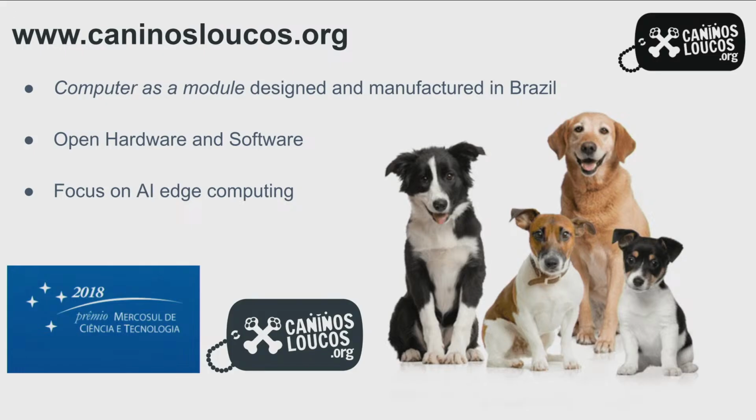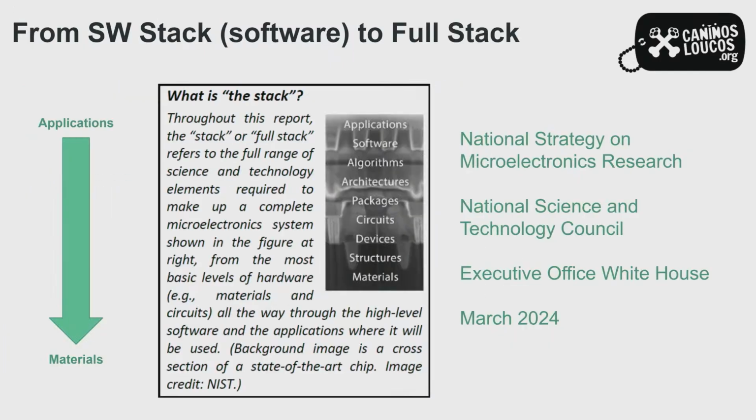For example, here on the University of São Paulo campus, we have some semaphore controllers, the lighting for the cars, that are powered by Caninos Locus. So we have Labrador and Pulga inside it, doing the control of the timing to open and close using computer vision processing and everything.